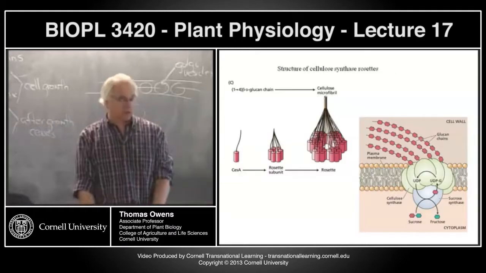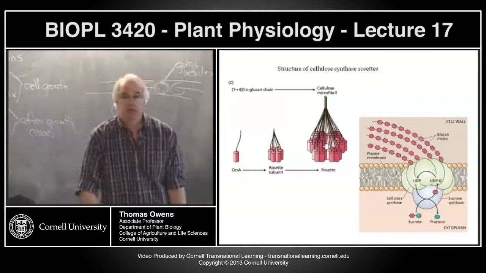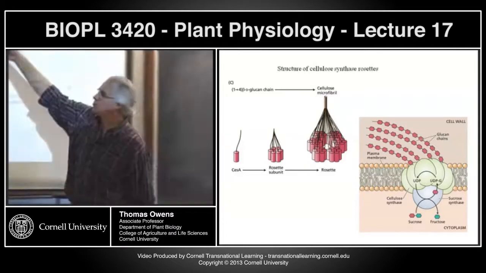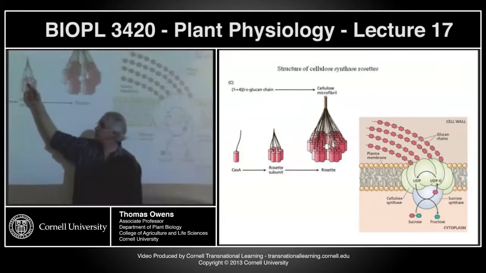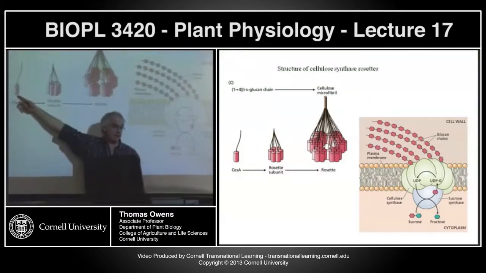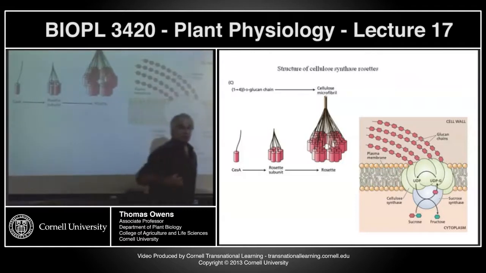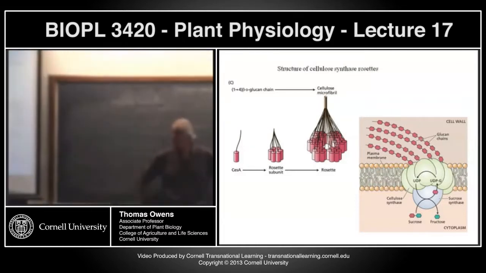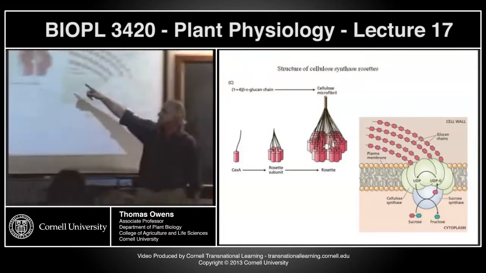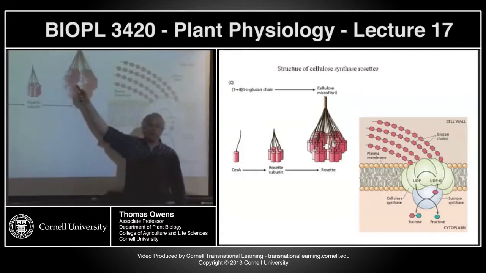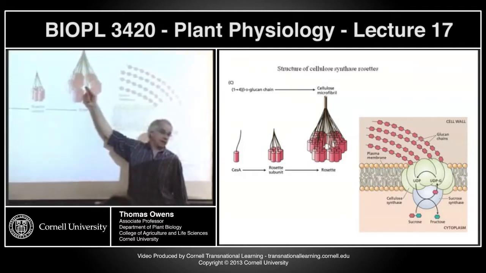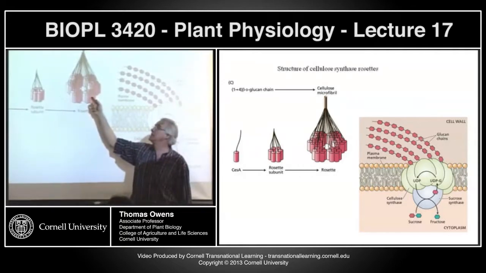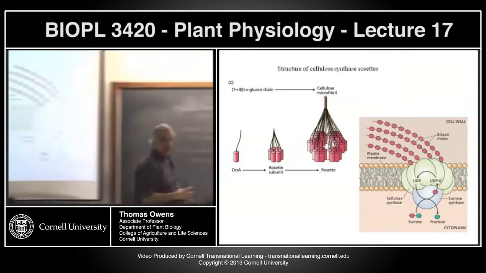And it turns out these little rosettes are basically aggregates of a protein complex that's involved in cellulose synthesis. So the rosette itself is made up of a bunch of rosette subunits, which is made up of an individual enzyme, which is the cellulose synthase enzyme. Cellulose, remember, is just a polymer of glucose molecules. And the fact that these things form this rosette means that all of the cellulose microfibrils that are formed by each one of these individual cellulose synthase enzymes end up together forming a single bundle.